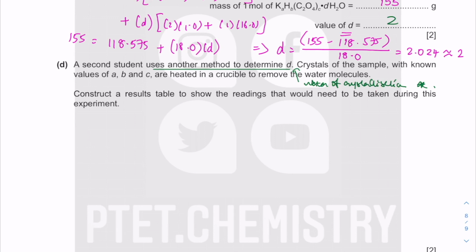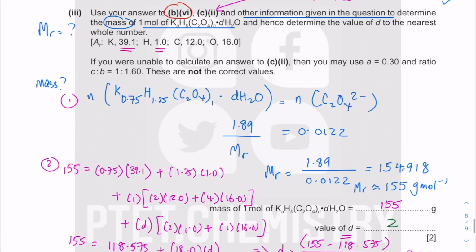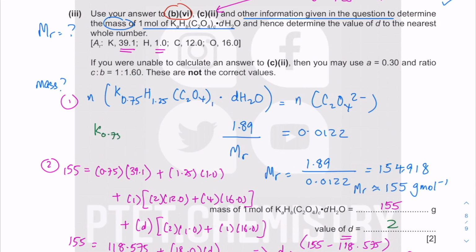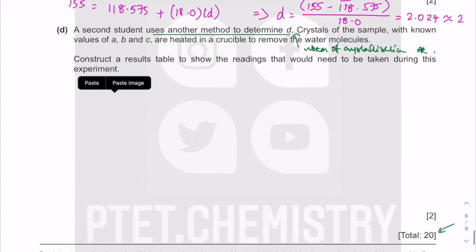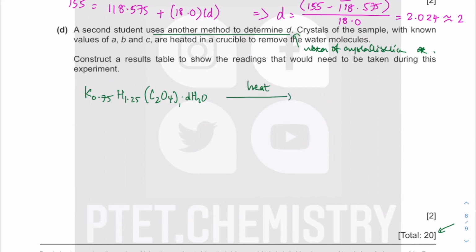Okay, so if you think about this formula, let me just show you. That thing there, C2O4, dot DH2O. What is going to happen when you heat it? We know everything else already, we just don't know the value of D. When you heat it gently, it will not decompose the solid, that's what I'm assuming, but it will give off DH2O.